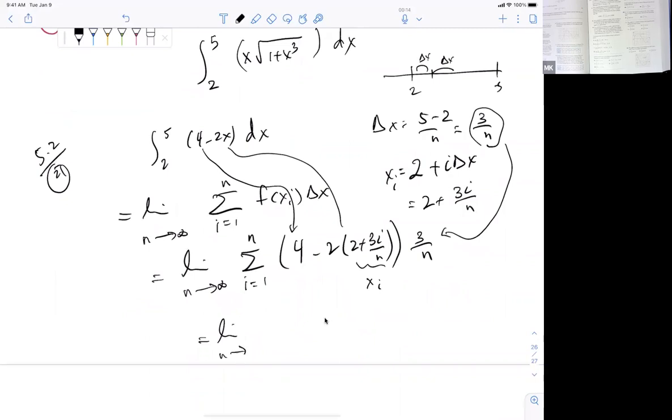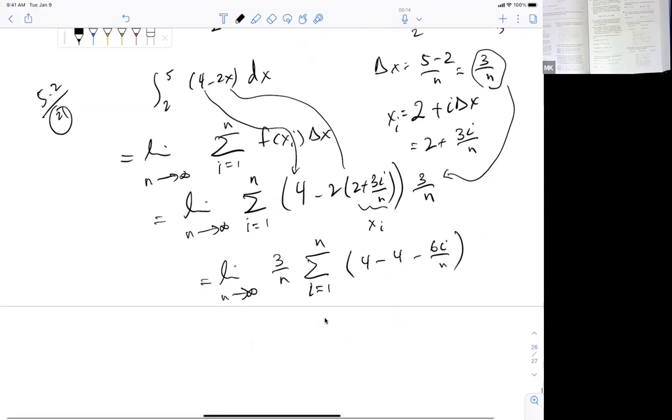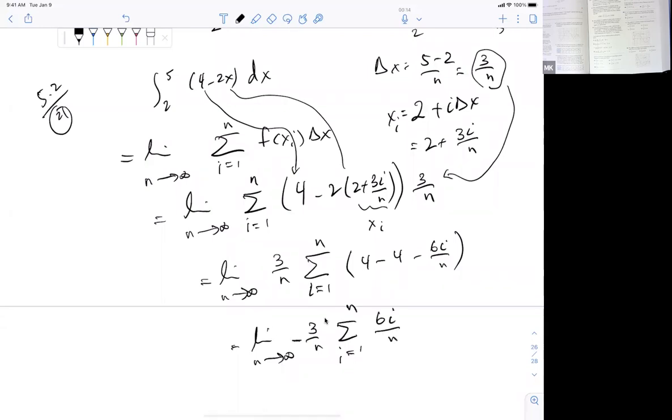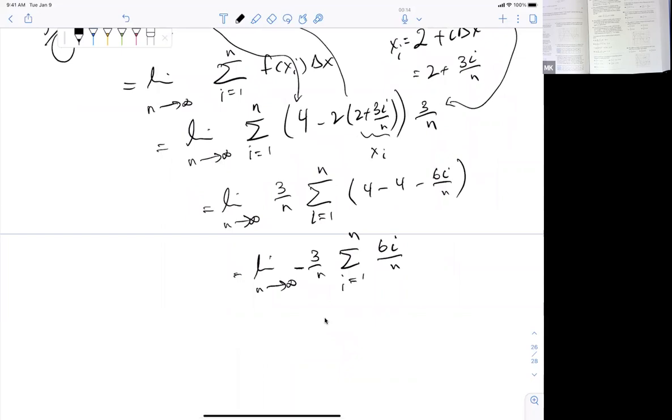Limit as n goes to infinity, I'm going to comfortably pull out my 3 over n because that is not affected by the summation. I get 4 minus 6i over n. The negative 6 over n, I can comfortably pull out as well, because 6 over n doesn't get affected by the summation.